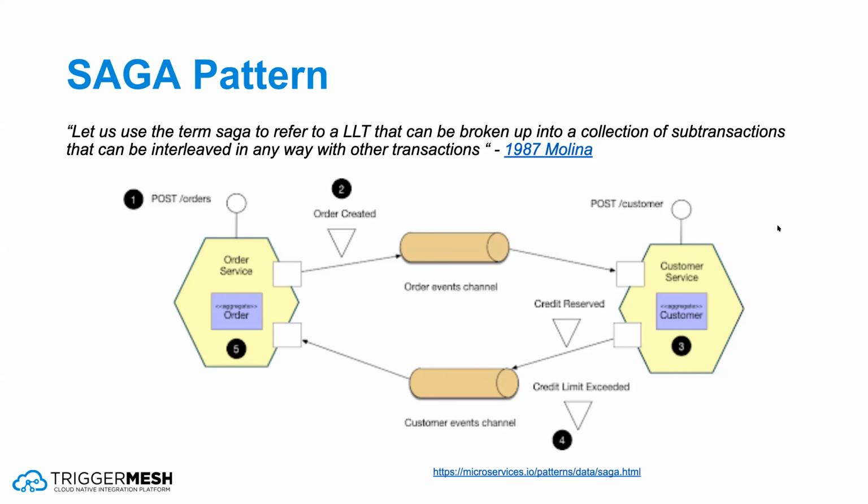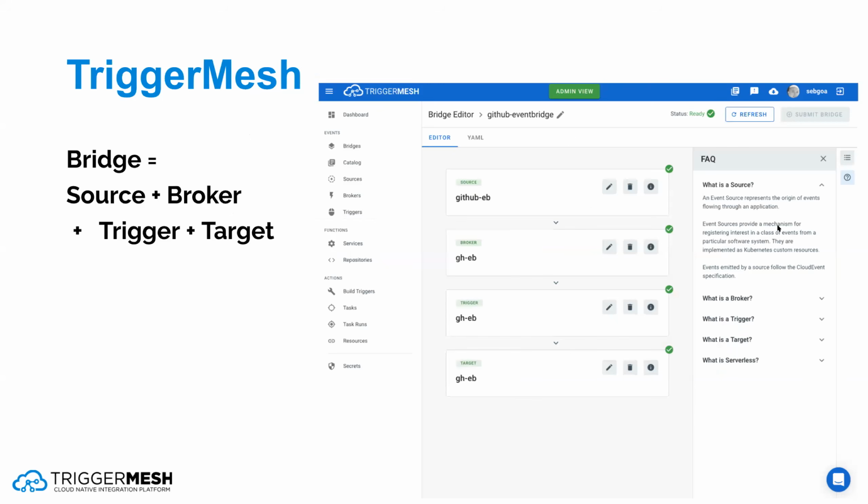And in TriggerMesh, we of course totally embrace all of this, thinking about this type of serverless applications or integration for all your apps. What we have is a concept of a bridge.